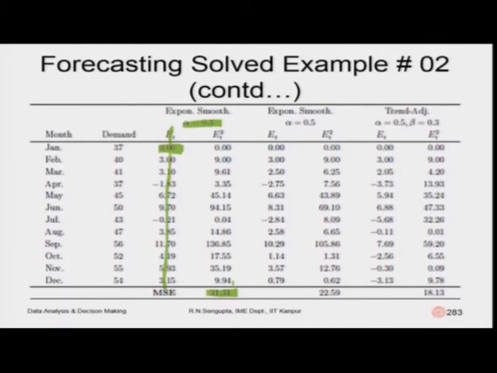Now, again we do the same calculation for alpha equal to 0.5: find the errors, square them and sum them up. In the second case, for alpha equal to 0.5, you have 22.59 as the error, and 31.31 for alpha equal to 0.3.